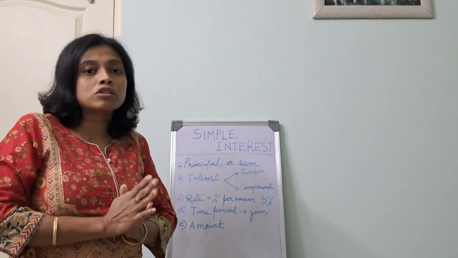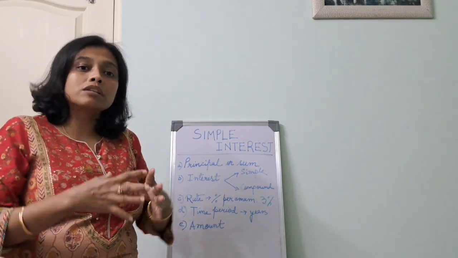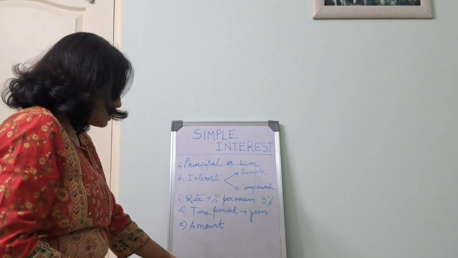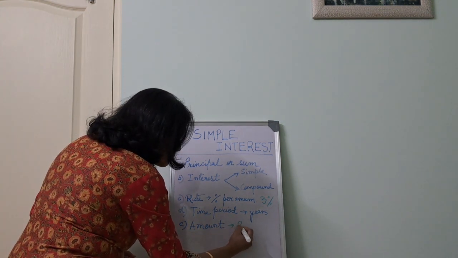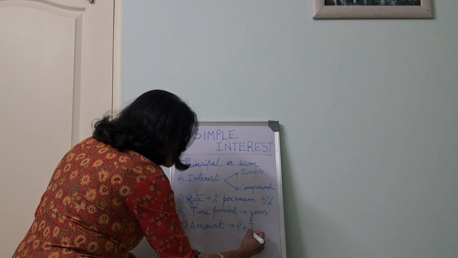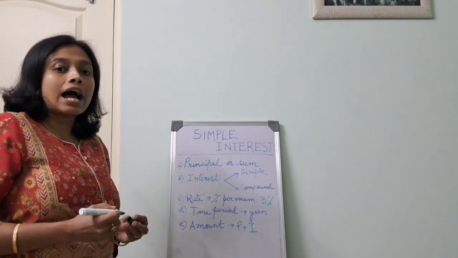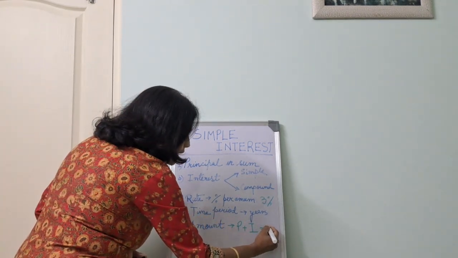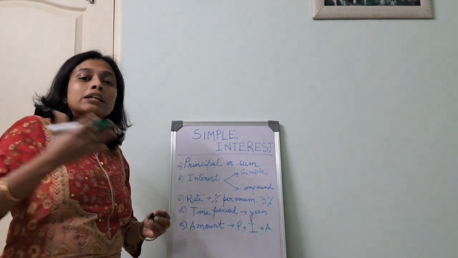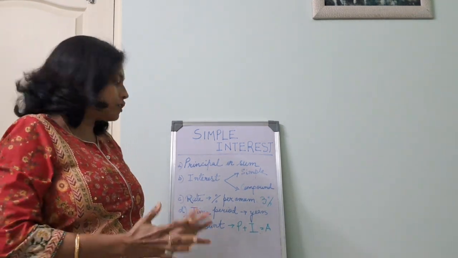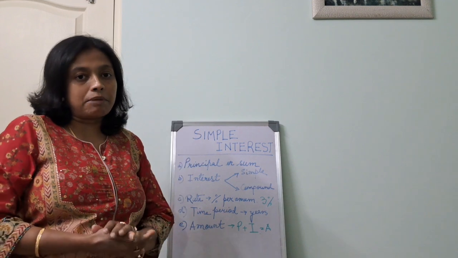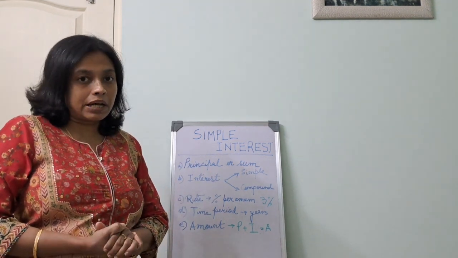Now what is amount? Very simple. Amount is the total sum of money. That means it is the principal plus the interest that you get at the end of the tenure, that is, at the end of the time period for which you have kept the money in the bank or deposited the money in the bank.